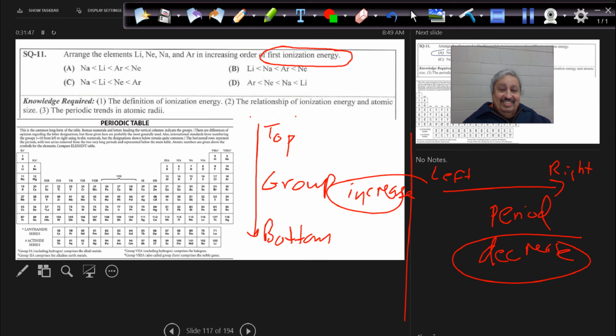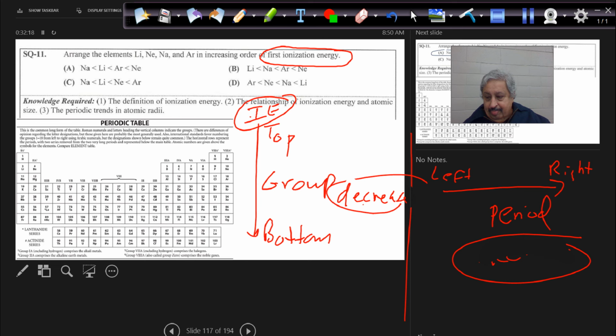It's the opposite. So this one here, the ionization energy is opposite to the radius. Top to the bottom will decrease, and here will increase.